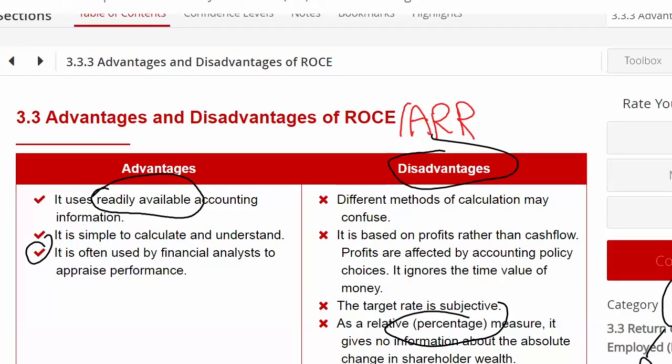I mean to say that a percentage itself is not an answer unless you relate it to some base. 10%, but 10% of what? 10% of 1,000? That means you are generating only $100. 8%, but 8% of what? 8% of $100,000, so I am generating $8,000, far better than $100. This is ignored in a percentage. That's why it is known as a relative measure, and it is a disadvantage. The relative measure does not consider shareholder wealth, but the absolute size of $8,000 and $100 will consider shareholder wealth maximization. Got it?